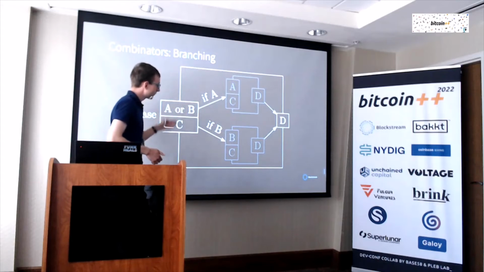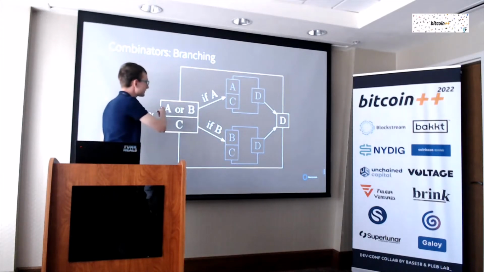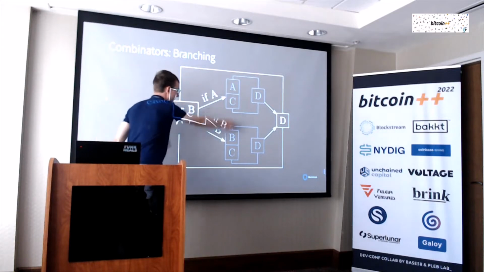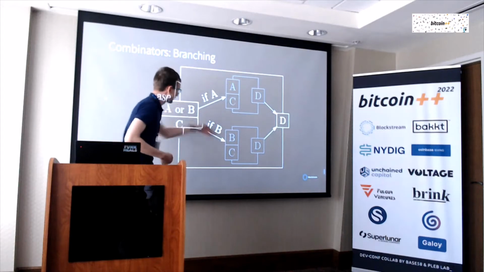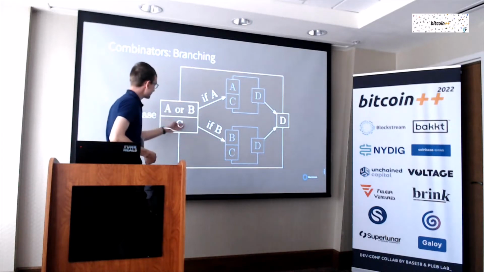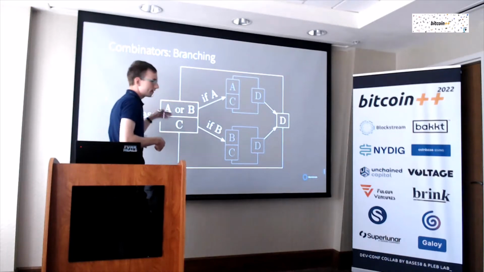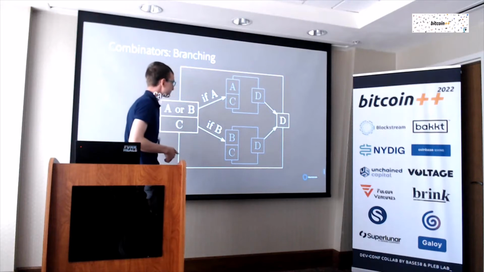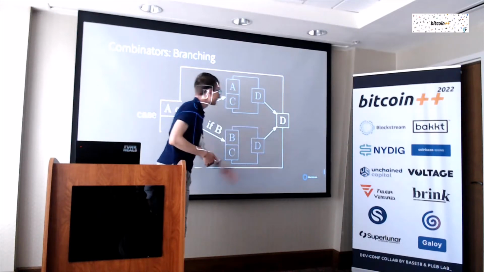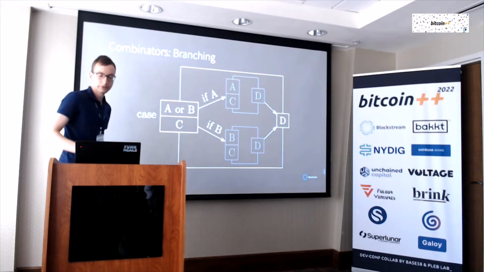If it's B, we go the lower branch. Right? And so the first argument, using the sum, we know left goes up, right goes down. And the C, which is the second element of this larger pair, is always an argument for these circuits. And then the circuit produces D, output D. And this is enough to realize arbitrary computation.